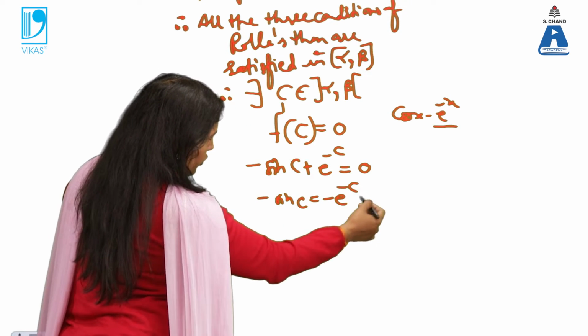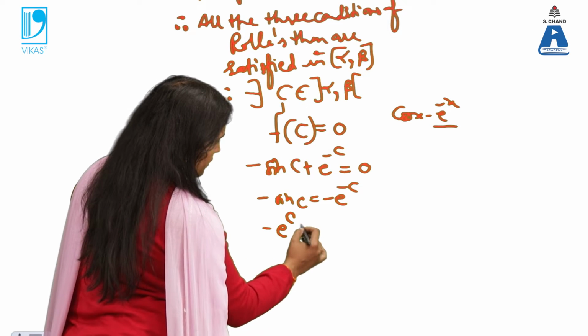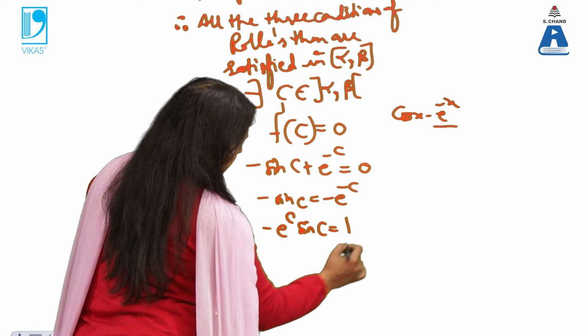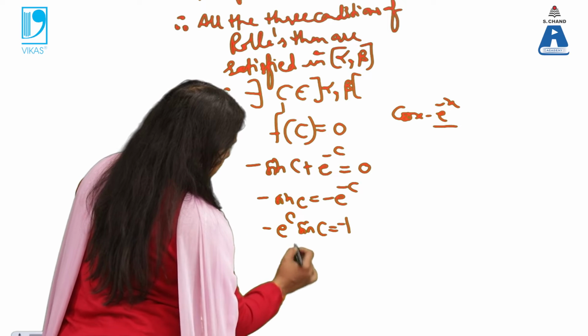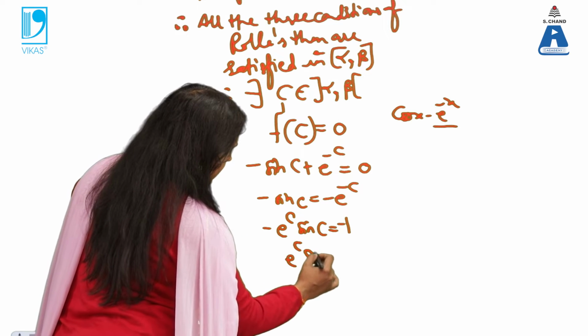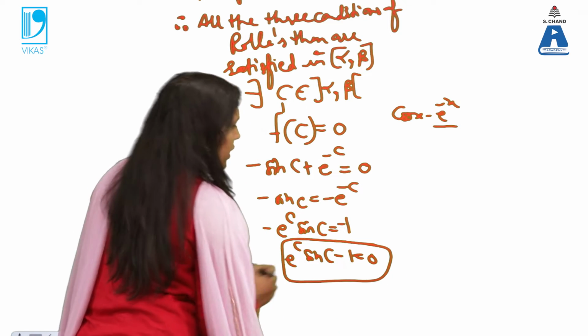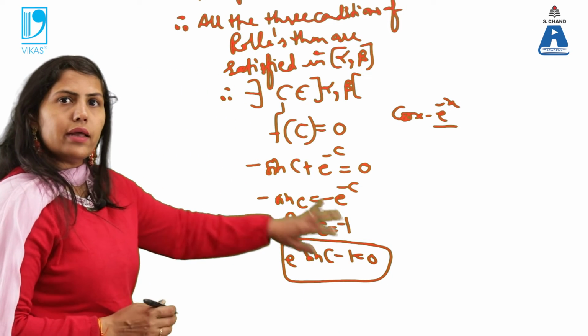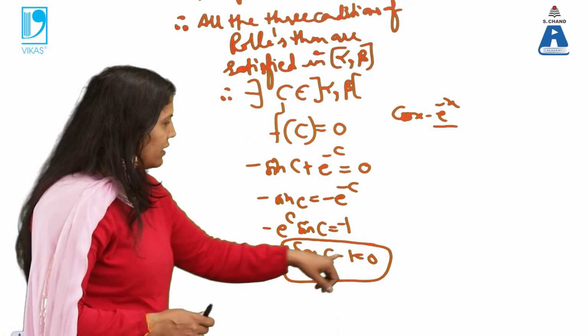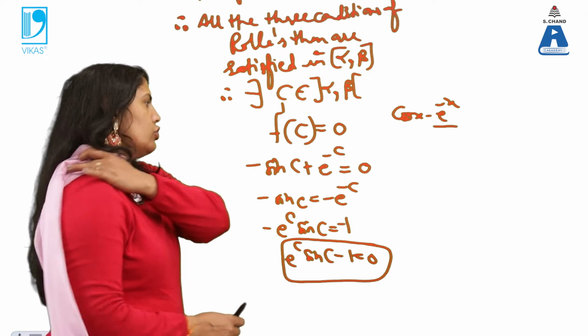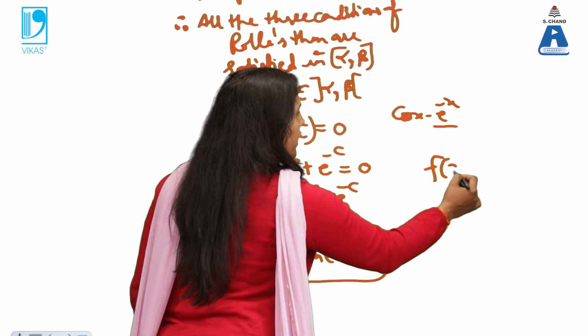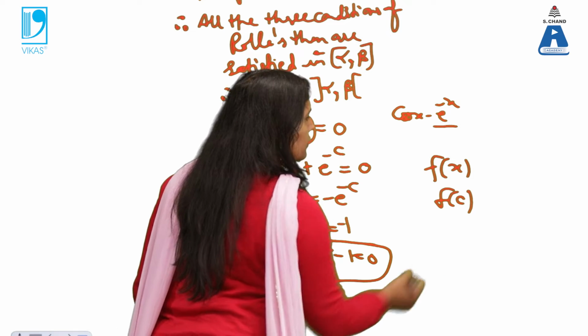When you take it to this side it becomes positive, and the minus 1, minus gets cancelled. Finally this is the expression we are getting, and you can compare it with the question, where the variable is x: e to the power x sin x minus 1. Whether you write f x or f c hardly matters, both are the same thing.